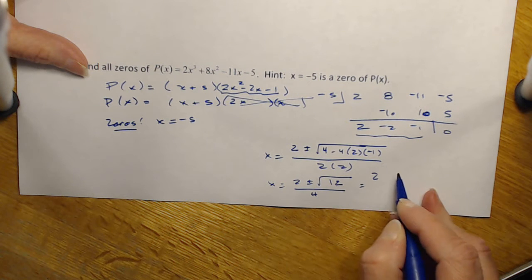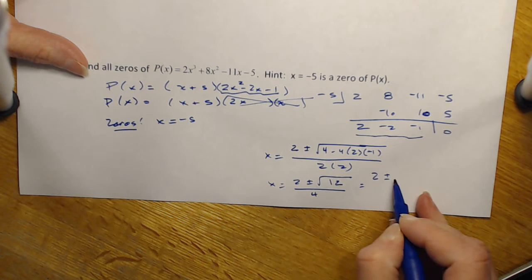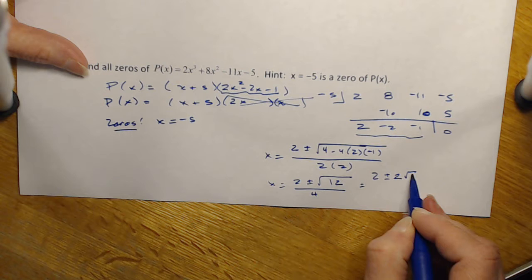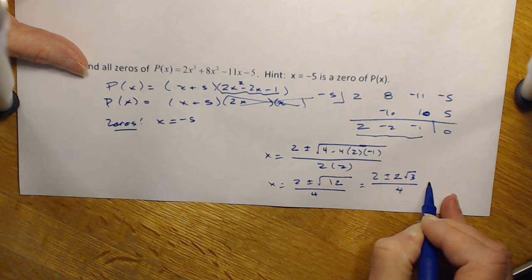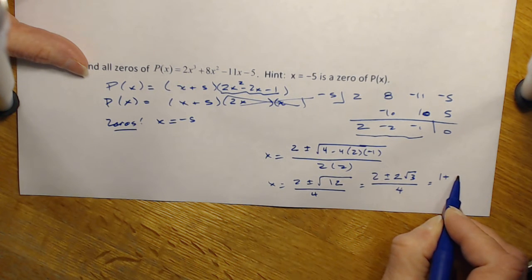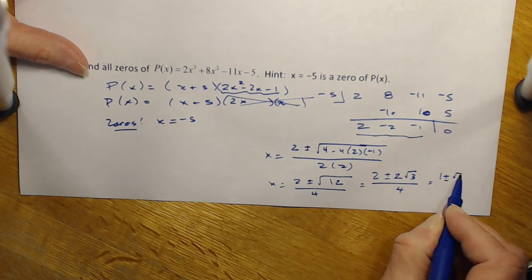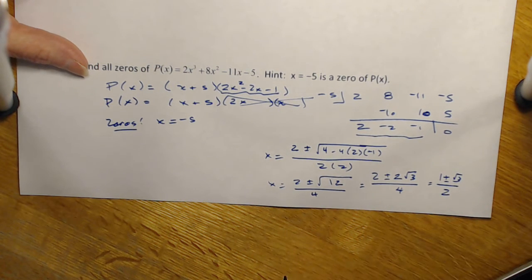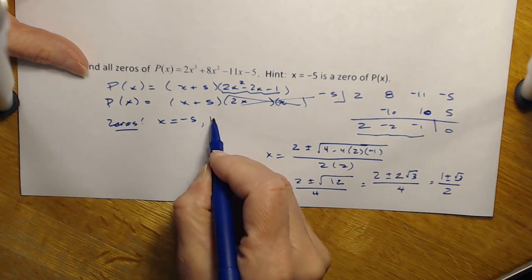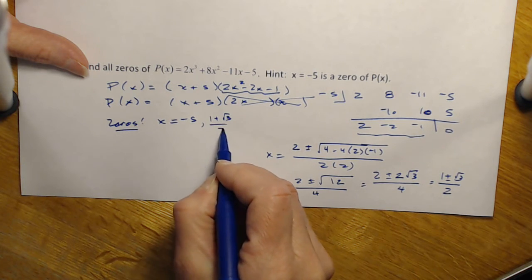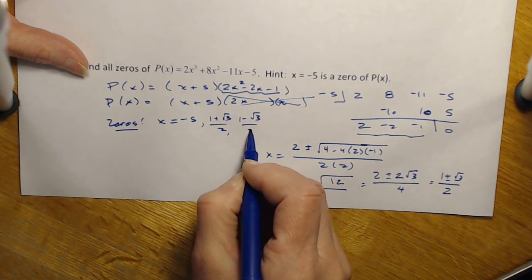Just do a little cleaning up here. You could take a 4 as a perfect square, so that would be 2 root 3. And then if you factor out a 2, you'd be left with 1 plus or minus root 3 all over 2. And those would be our two other zeros. So 1 plus root 3 over 2, 1 minus root 3 over 2.